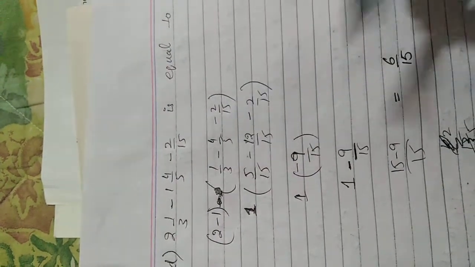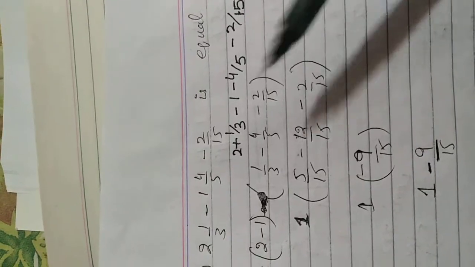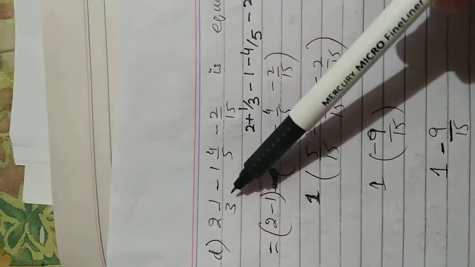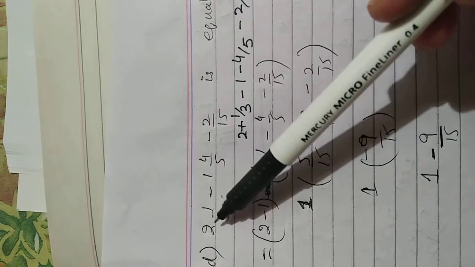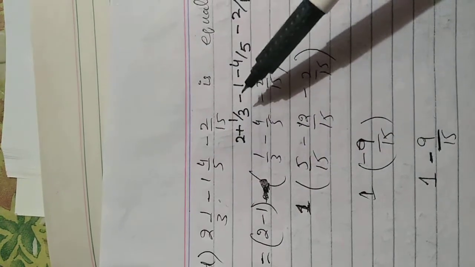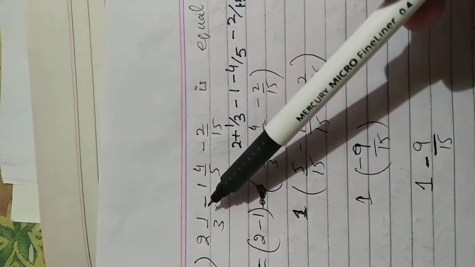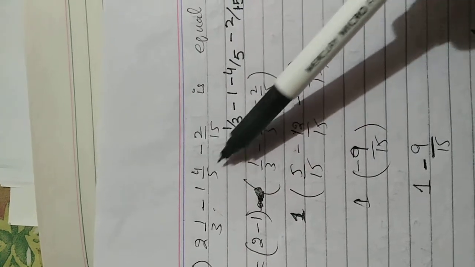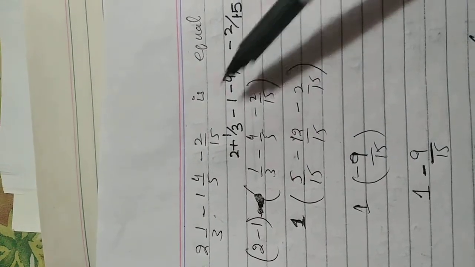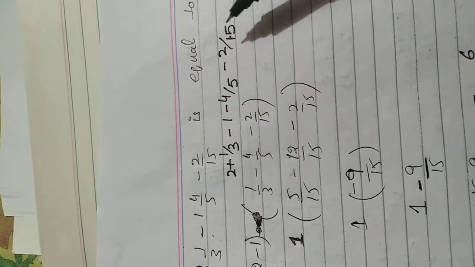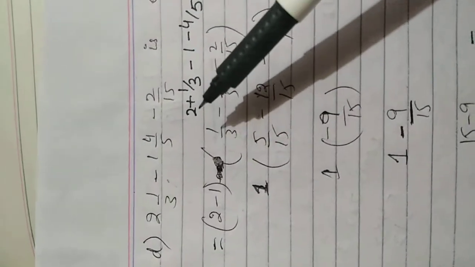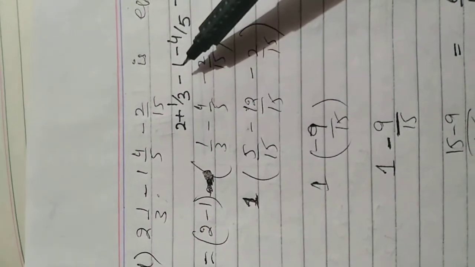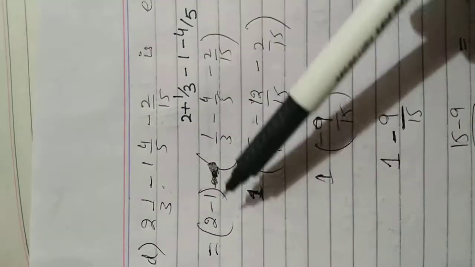Now part D is 2 whole 1 by 3 minus 1 whole 4 by 5 minus 2 whole 2 by 15. While subtracting mixed fractions, first we will write each mixed number as a sum. First one, 2 plus 1 by 3. Then minus 1 minus 4 by 5.